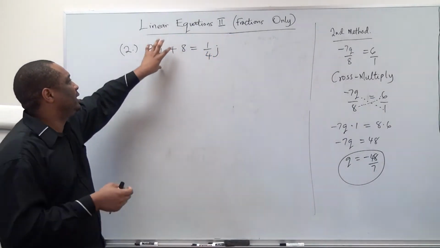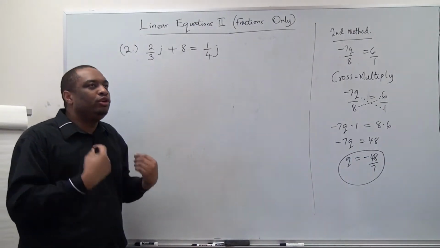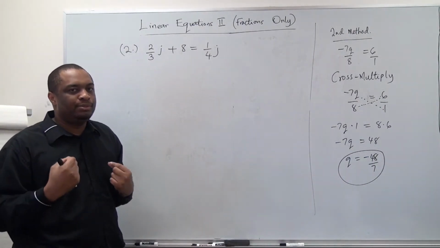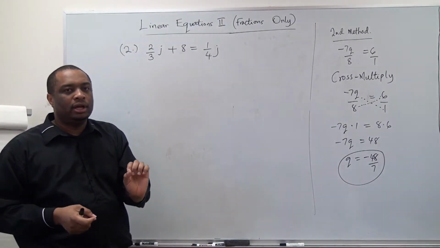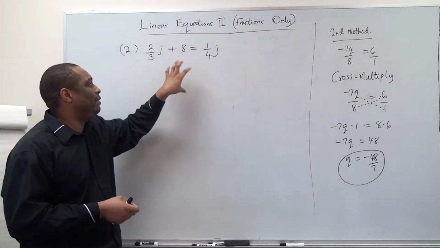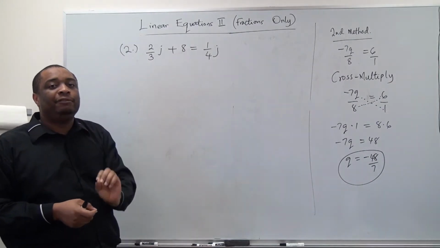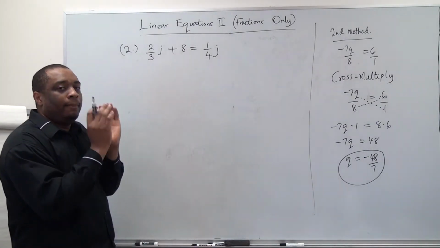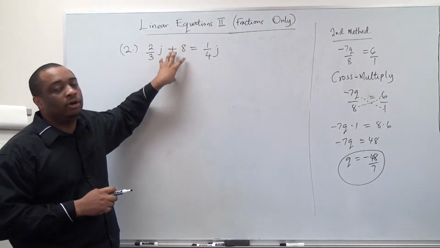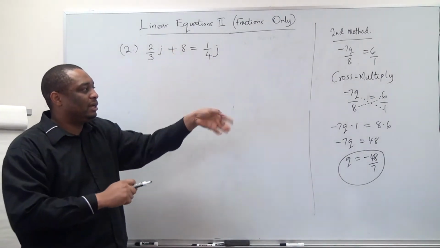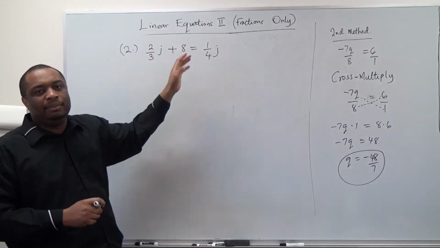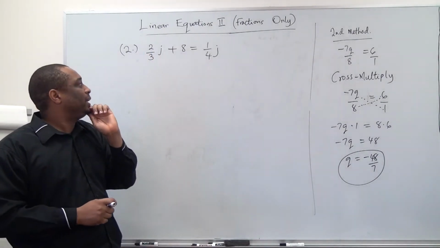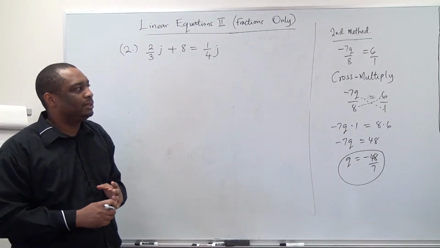So you cannot use cross multiply directly on this question. You have to first combine it to a single term on the left before you can use the cross multiply. So you don't want to do that. I mean, if you want to do that, that's fine, but I'll just go ahead with the first method.